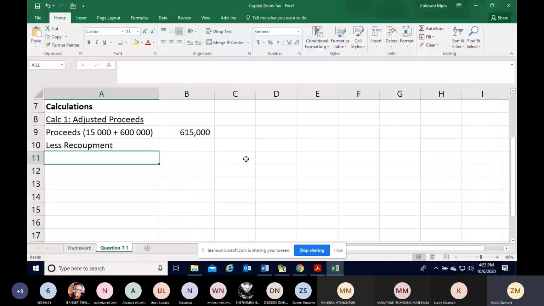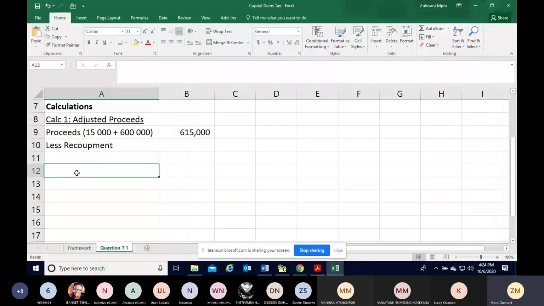So the formula says it's proceeds less recoupment in order to get to adjusted proceeds. So what is our recoupment? Now we need to calculate the recoupment.